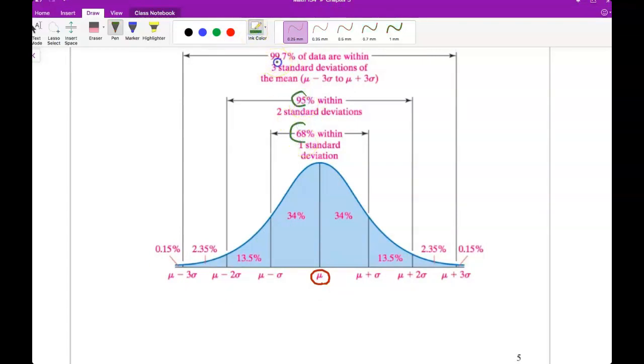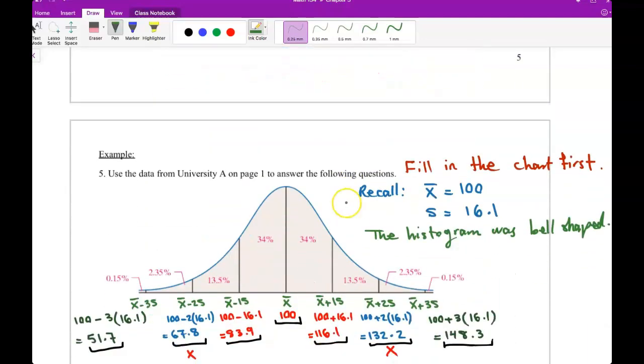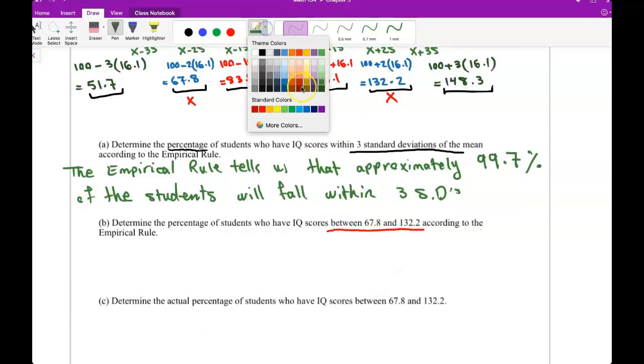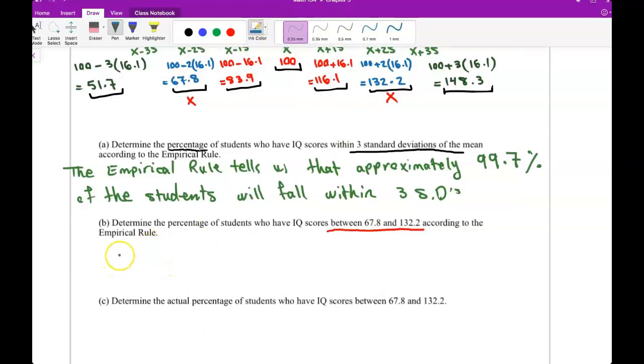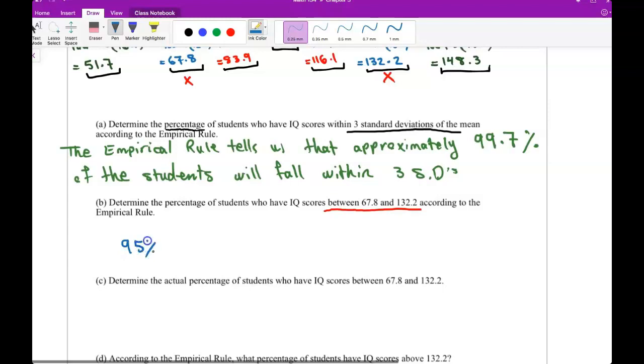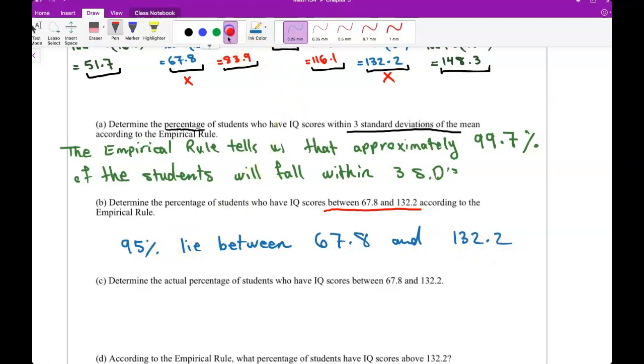So the answer is 95% for this part, so 95% lie between these 2 numbers. This is the final answer for part B.